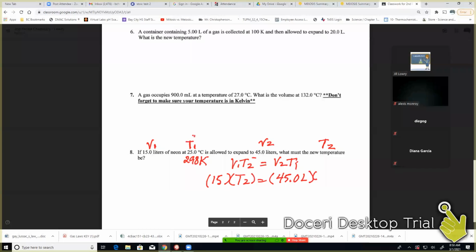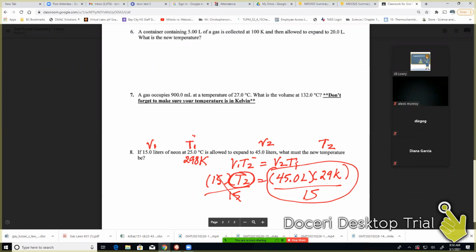And T1 was my first temperature I started off with in Kelvin, not in Celsius. All right, there we go. We need T2 by itself. So what are we dividing each side by? 15. Perfect. 15 here and 15 here. That cancels, and then this is what I need to put in my calculator.